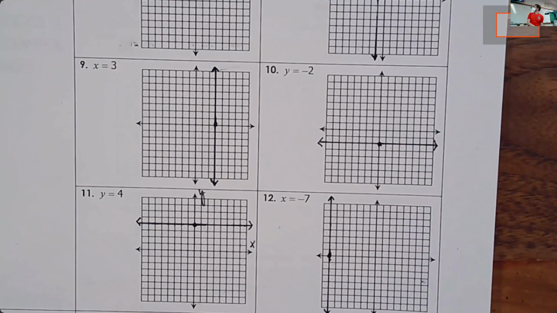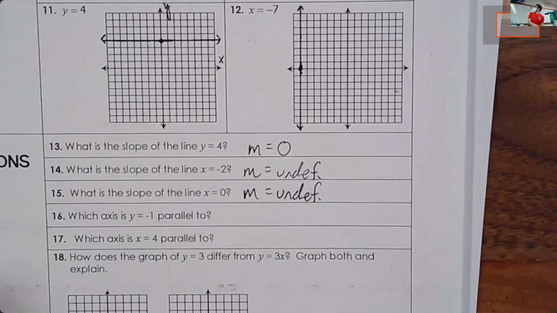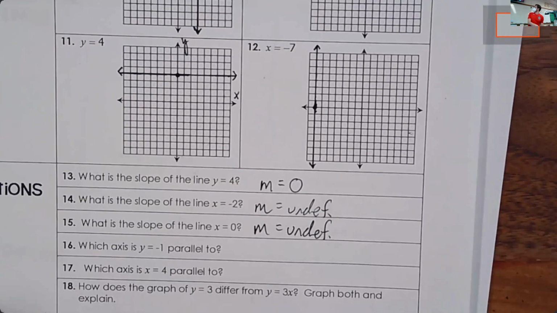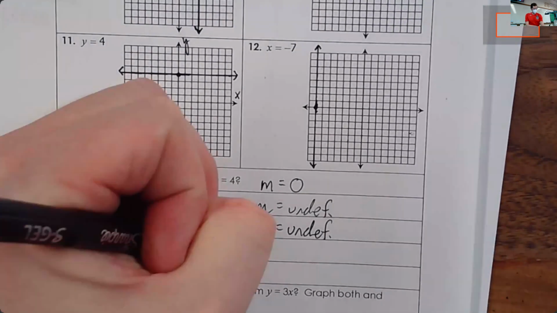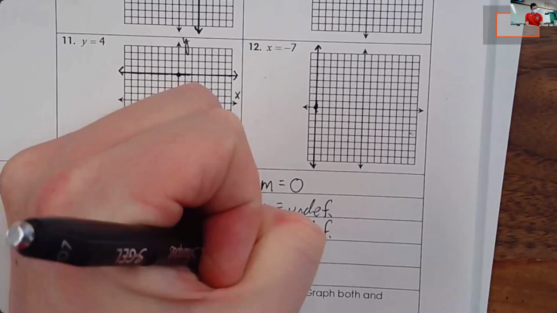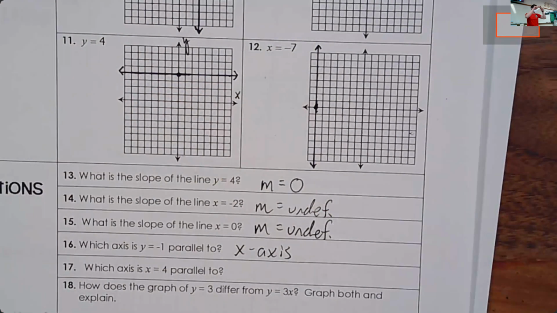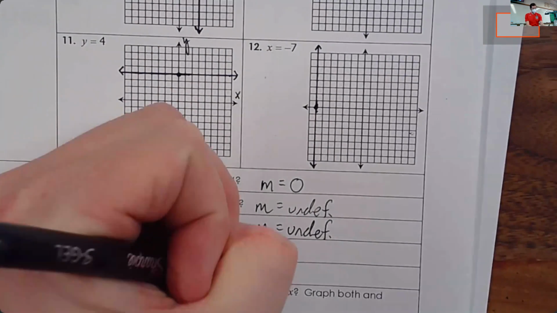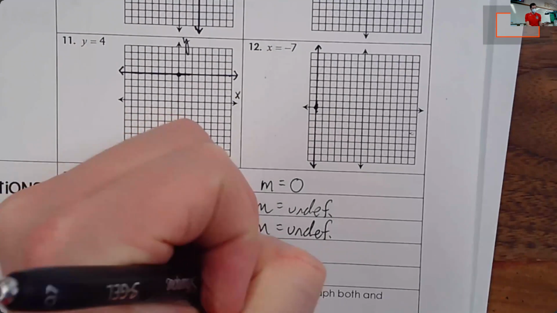So number 16, which axis is y equals -1 parallel to? That would be the x-axis. Horizontal lines are parallel to the x-axis because they run in the same direction, left to right. So then what would the answer be for 17? The y-axis, yeah. A vertical line is parallel to the y-axis.